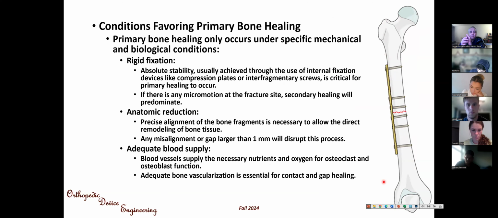As I said before, we need strain less than 2%, which means we need rigid fixation, which happens with DCP plates. We need anatomic reduction. The reduction must be perfect. The fracture surfaces must be aligned perfectly. And we need adequate blood supply.